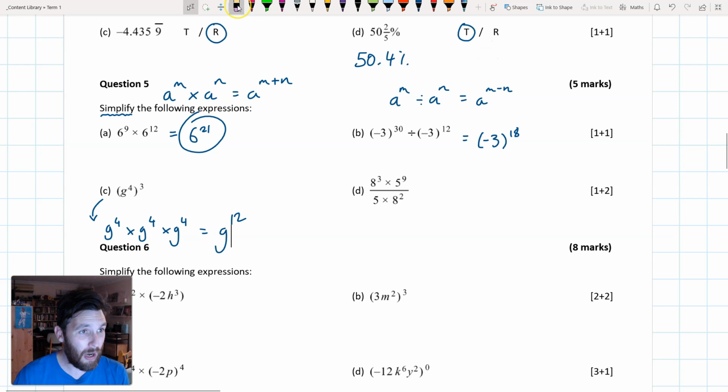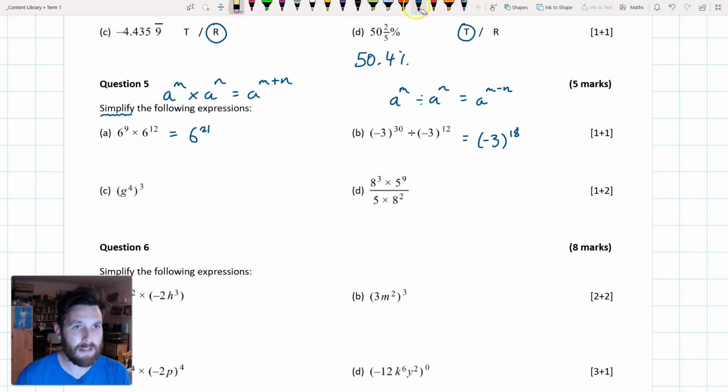But again, rather than writing that out, if it helps you to expand it like that, great, by all means do it. But what you could do instead is just do 4 times 3, because we've got 4, 3 lots of, so g to the power 12. You can remember that like this. Anything raised to a power again, we can simplify those powers by multiplying.